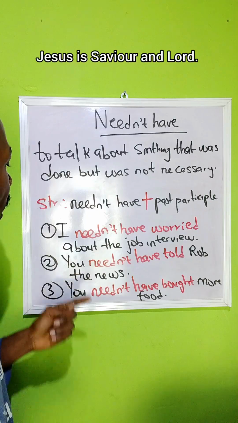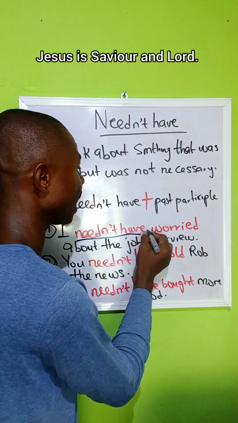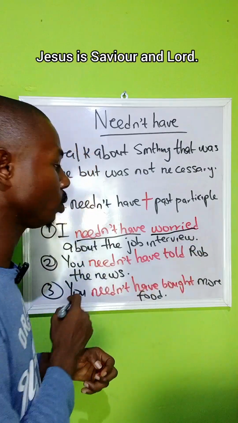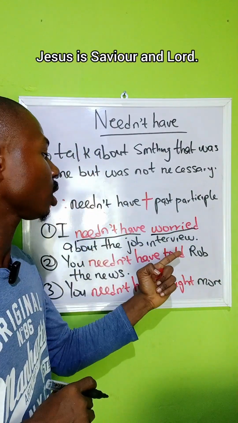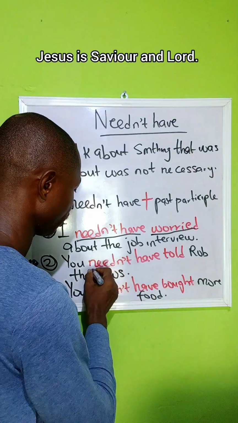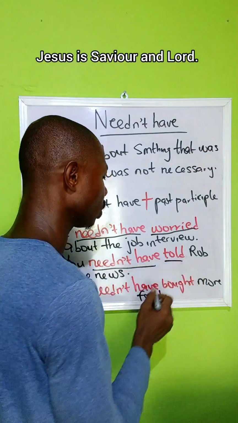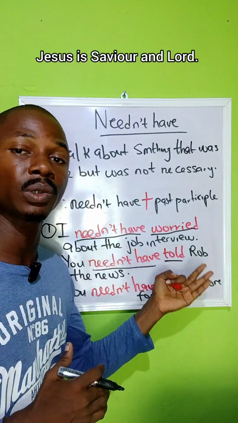All right, so number one, I needn't have worried. So you can see here the principle, needn't have plus the past participle, worried. I needn't have worried about the job interview. You needn't have told Rob the news.